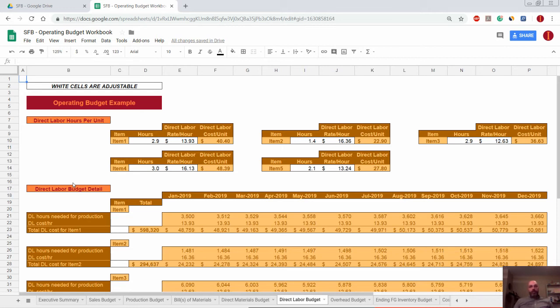Now, the direct labor budget is similar in some respects to the direct materials budget, because instead of putting the amount of materials we expect to use for each finished good item, we're going to put the number of man hours we expect to have to use to manufacture each finished good.